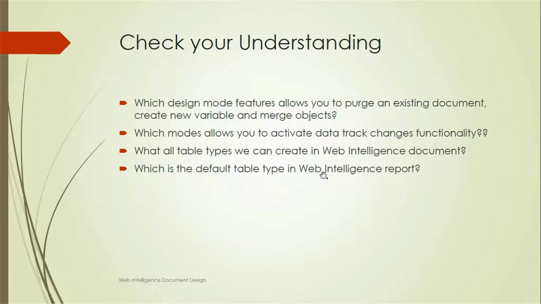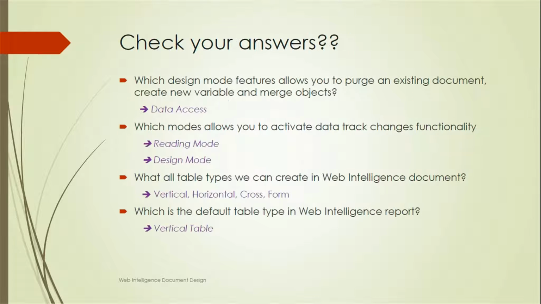Let's go to the answers to check yours. In the data access mode, we can purge an existing document, create a new variable, and merge objects. Reading mode and design mode allow the data track changes functionality.